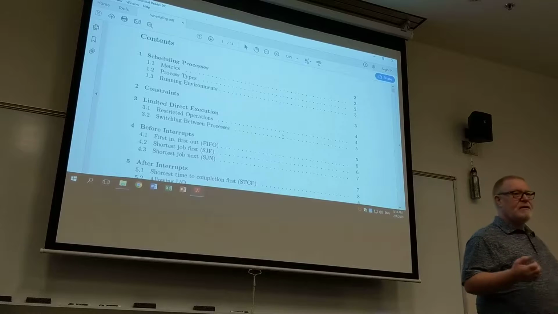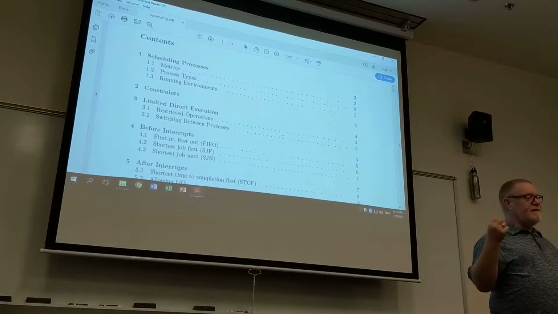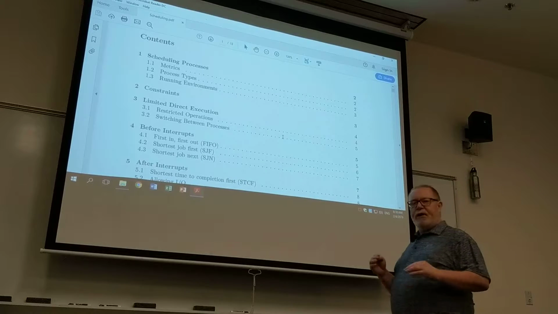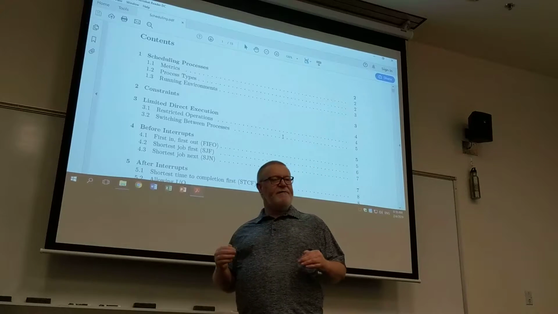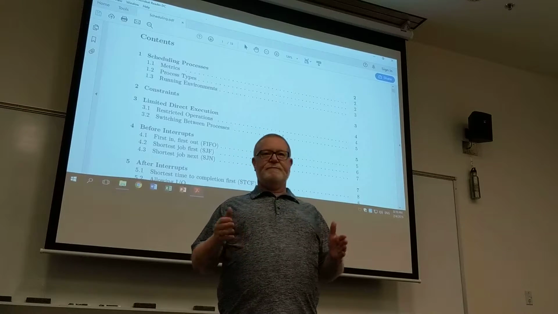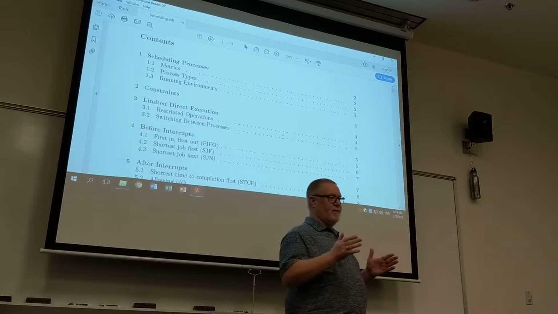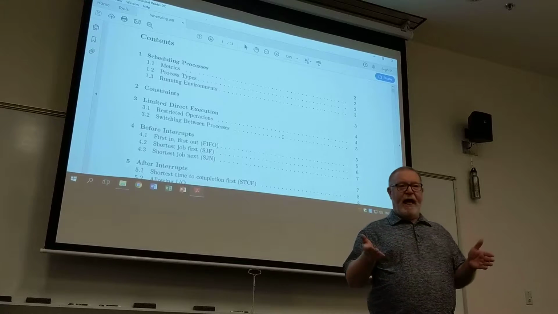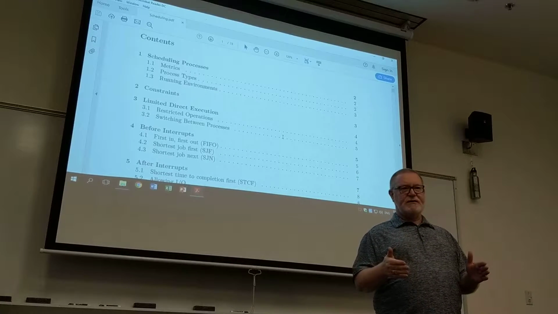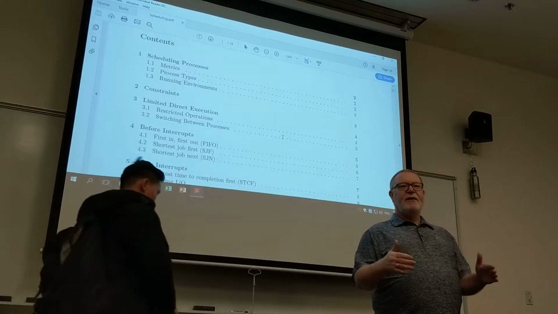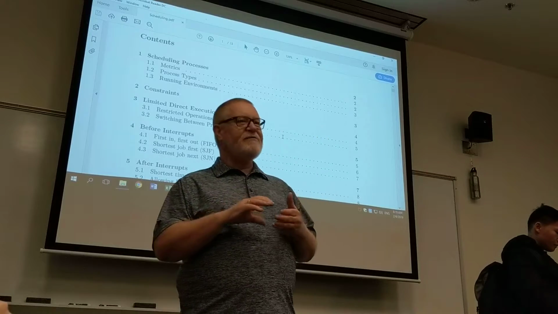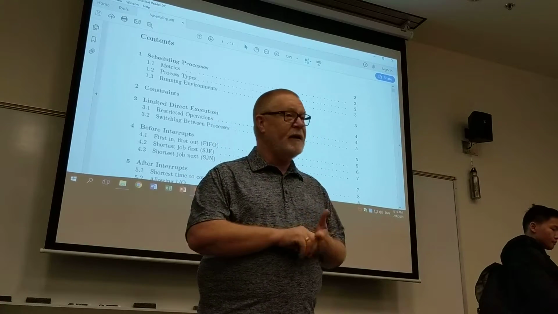Now, the goal here is to make efficient use of our processor. So we're going to start off in an environment that is very, very simple, very easy to tell if we're being fair, and on first glance is absolutely useless. But it turns out it's not. It turns out these types of environments used to exist commonly.